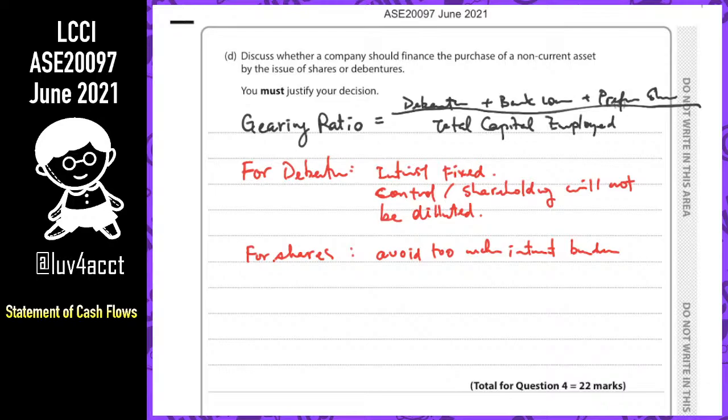And actually this method also permanently increases capital, equity, investment in the company, the size of the company. So give a conclusion at the end. You can support either side, it doesn't matter for this one.